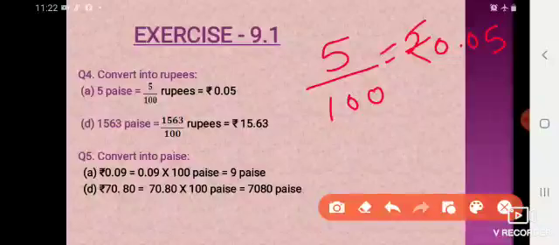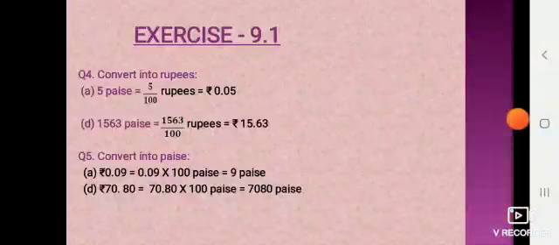We'll put 2 digits in the decimal part, right? Similarly, in the next part we are having 1563 paise, and it will be written as 1563 divided by 100. So we'll put the decimal after 2 digits, so it will be rupees 15.63. This way we can convert paise into rupees.